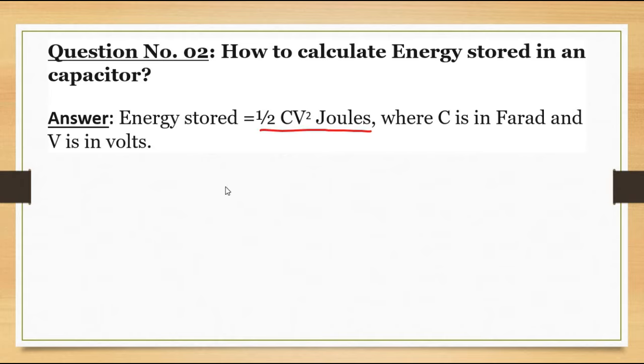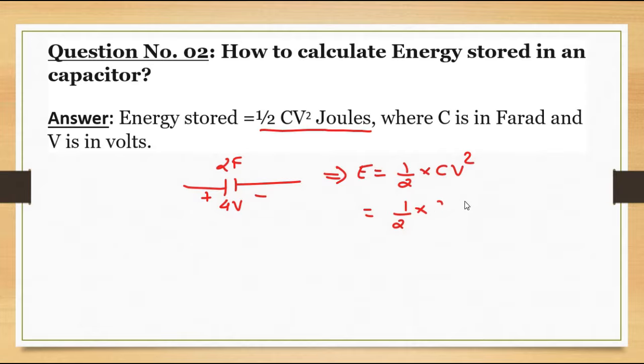So for example, if this is a capacitance of 2 farad and voltage across it is 4 volt, then the energy stored by this capacitor can be given as E equals half into CV square, where value of C will be 2 farad and value of voltage will be 4 volt. So this 2 and 2 will get cancelled. So simply it will be 16 joules. So 16 joules of energy will be stored in this capacitor.